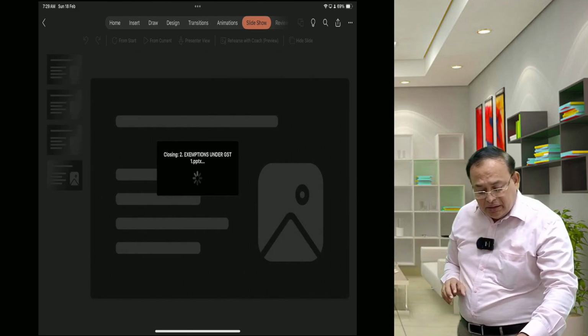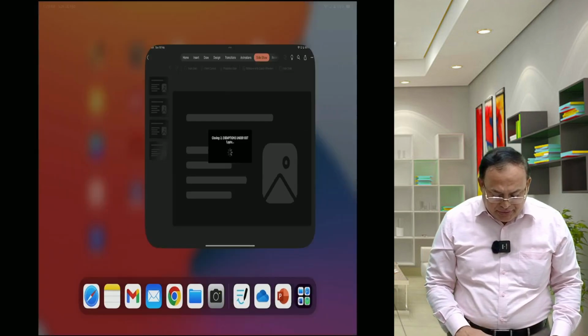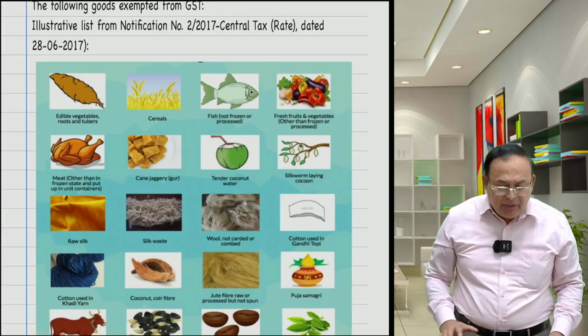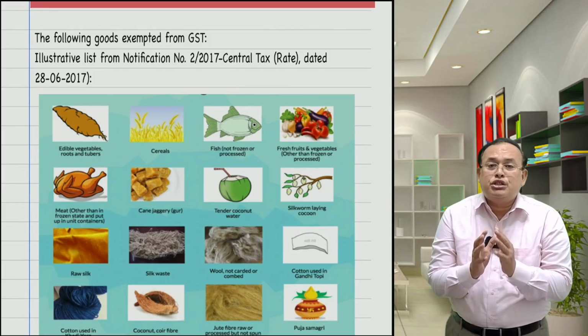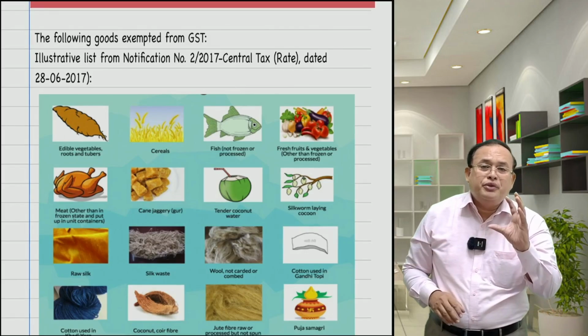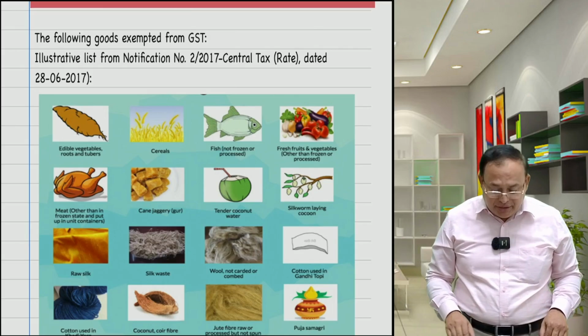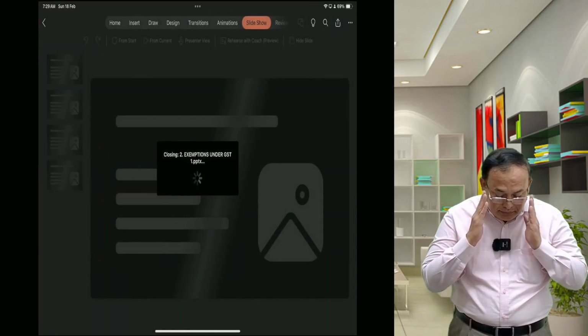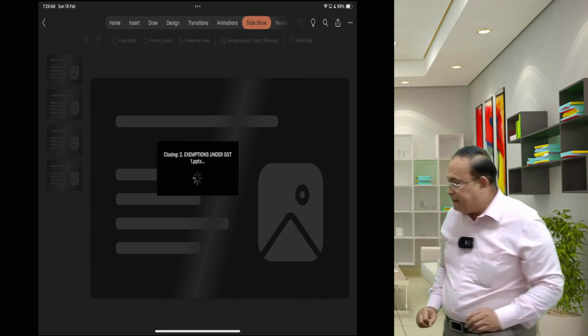Exempted goods, a big list actually it is. But here, for discussion purposes, in an illustrative manner, I am bringing to your notice a few of the supplies of goods which qualify for exemption under the GST, which now I am going to present here.